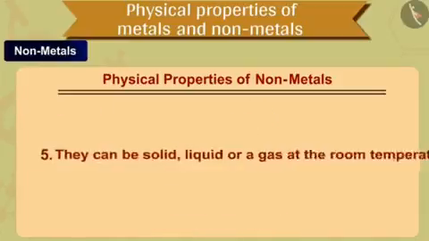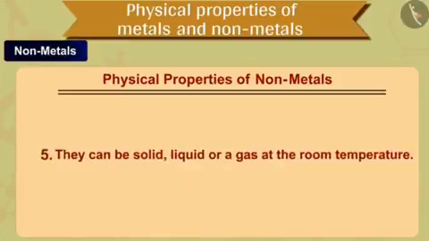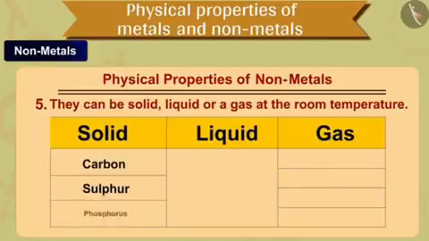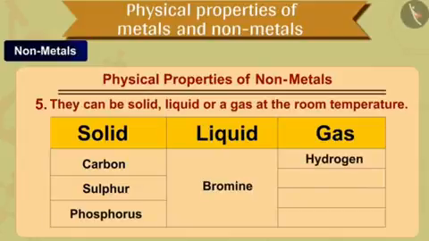The next, fifth property of non-metals is that they can be solid, liquid, or a gas at the room temperature. For example, carbon, sulfur, and phosphorus are solids. Bromine is liquid. And hydrogen, oxygen, nitrogen, and chlorine are gaseous at room temperature.